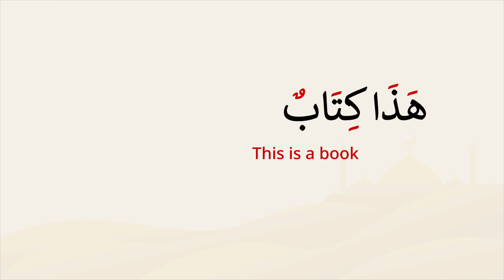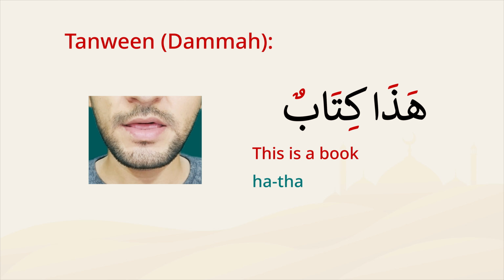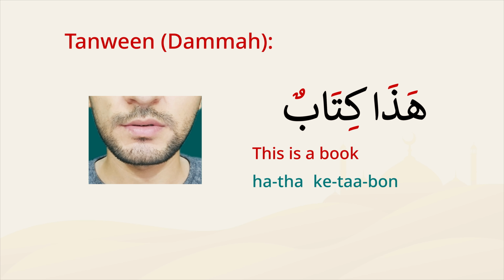Let's now see tanween in a sentence to practice with all the pronunciation rules we've studied. Look at this sentence. The word kitab is indefinite, which is why it has tanween. Since its position in this sentence is a predicate, khabar, it takes dhammah by default as a case ending. When reading it, we say هذا كتاب, by adding an un sound as if it's written like this.